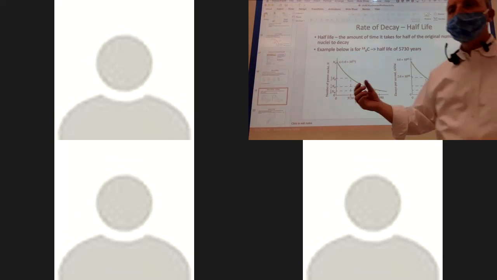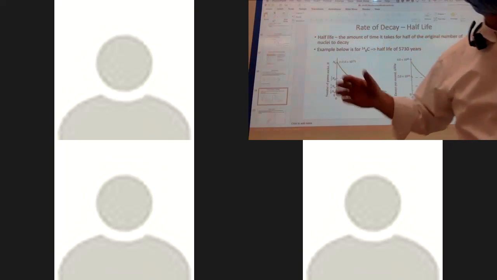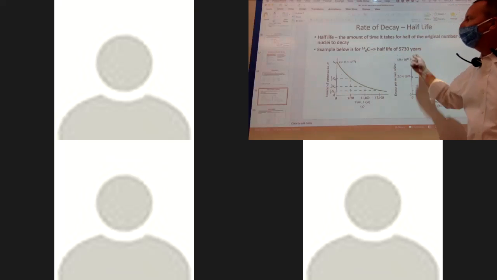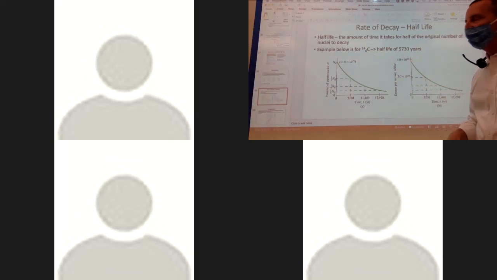Half-lives can vary from very, very short amounts of time, fractions of seconds, to thousands and thousands of years. Here, carbon-14 is, right, 537 years. Or I'm sorry, 5,730 years.